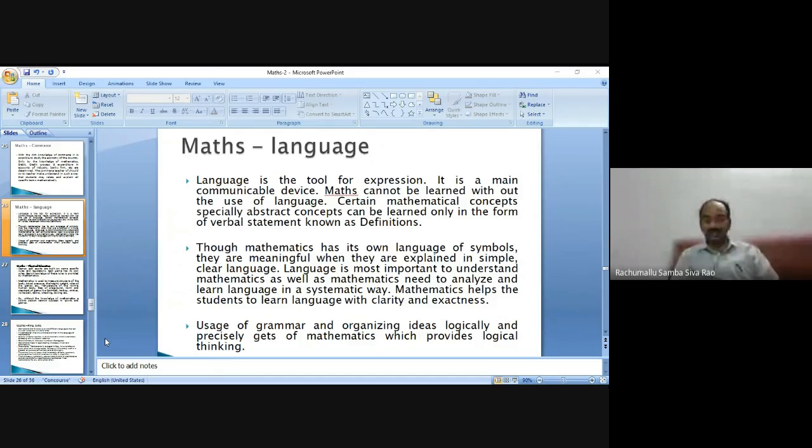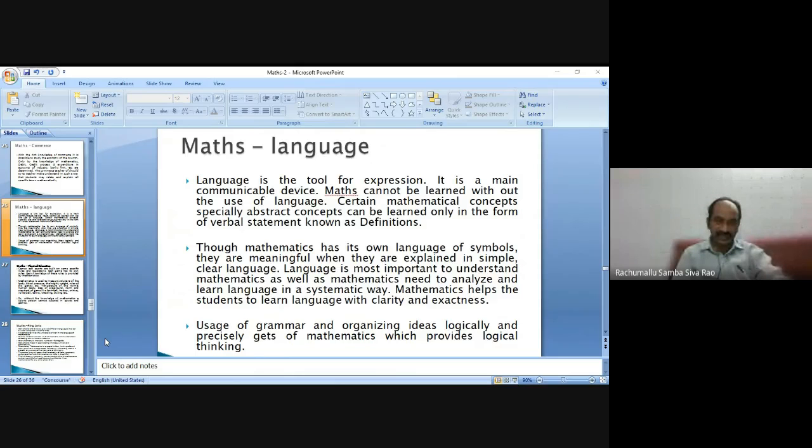Language is most important to understand mathematics, as well as mathematics needs to analyze and learn language in a systematic way. Mathematics helps students learn language with clarity and exactness.